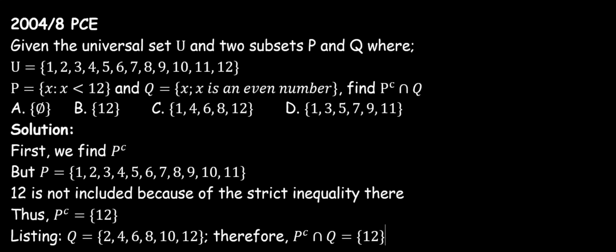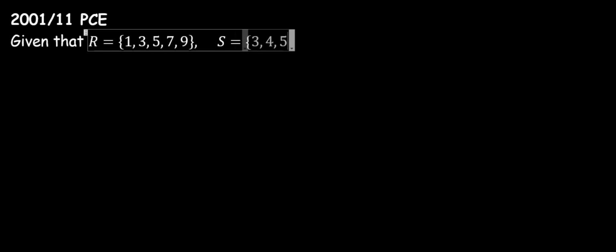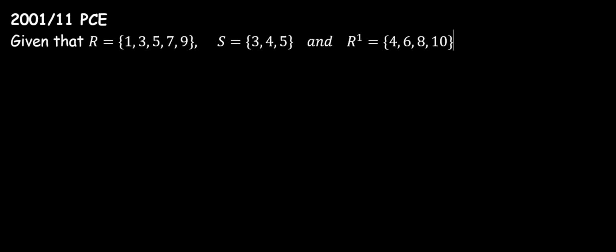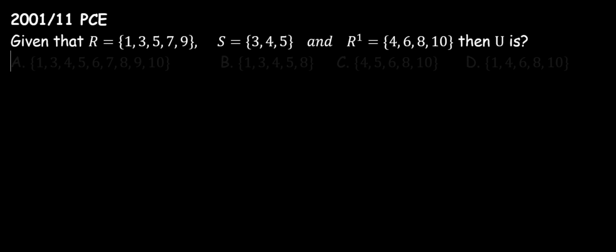Another example. Given that R is equal to {1, 3, 5, 7, 9}, and S is equal to {3, 4, 5}, and R prime is equal to {4, 6, 8, 10}. Then the universal set U is, the options are given. Solution.